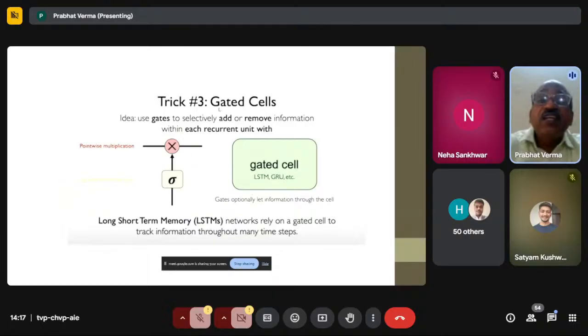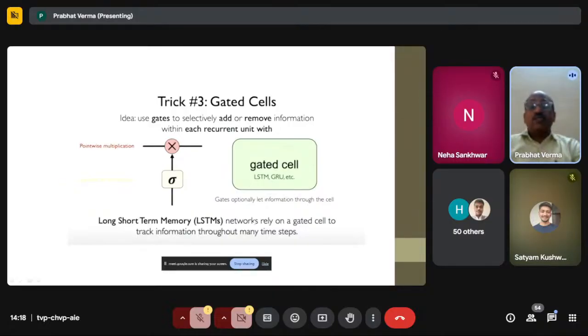So this is a very important approach which has been implemented in long short-term memory, or LSTM, which is an important variant of the RNN. Okay, so this is one trick which is very much useful, long short-term memory.